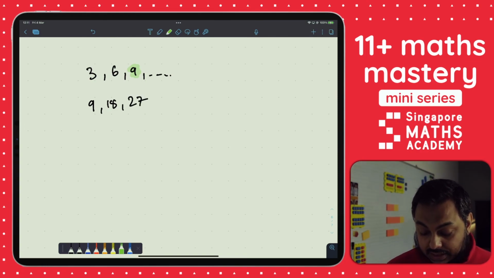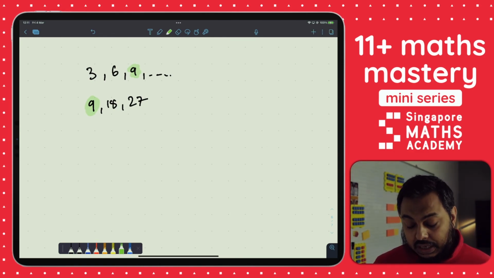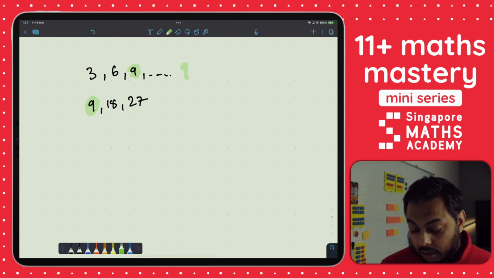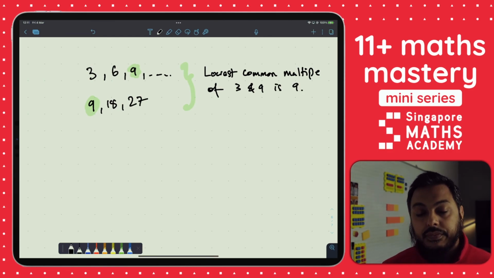And so the first number that appears in both the 3 times table and the 9 times table is 9. So we can say the lowest common multiple of 3 and 9 is 9.